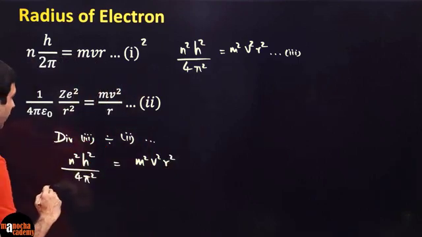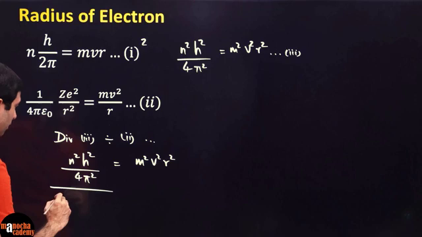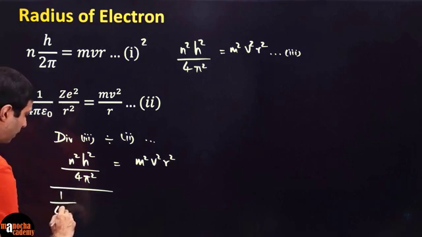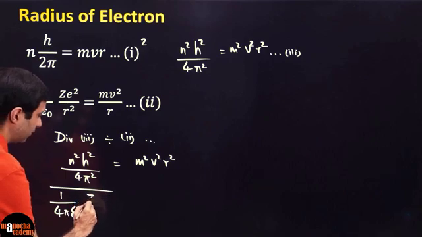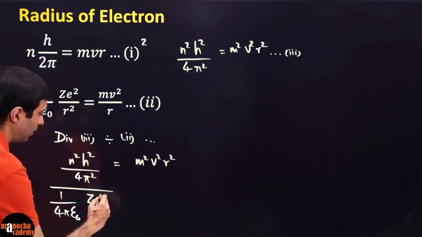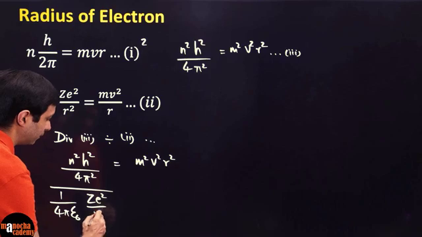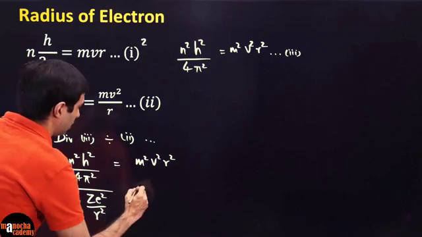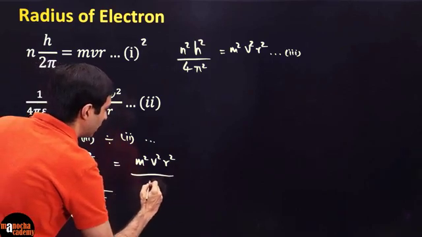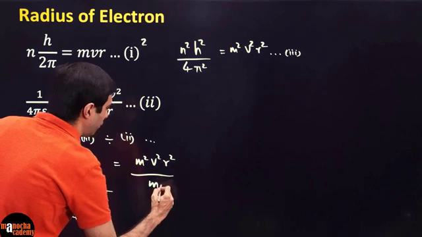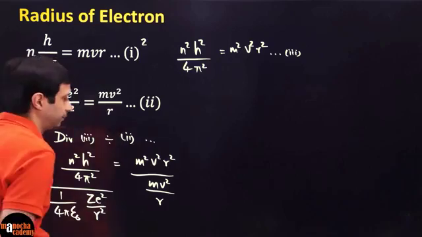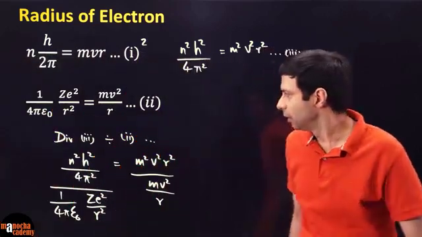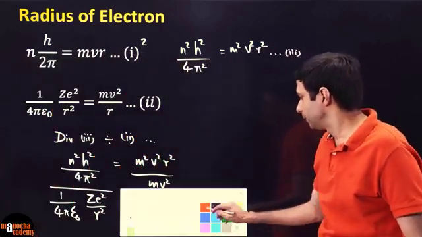And if I want to divide, I'm going to get a 1 by 4 pi epsilon naught z e square by r square. And this side, when we divide, we'll get a m v square by r. So this is what we have here.